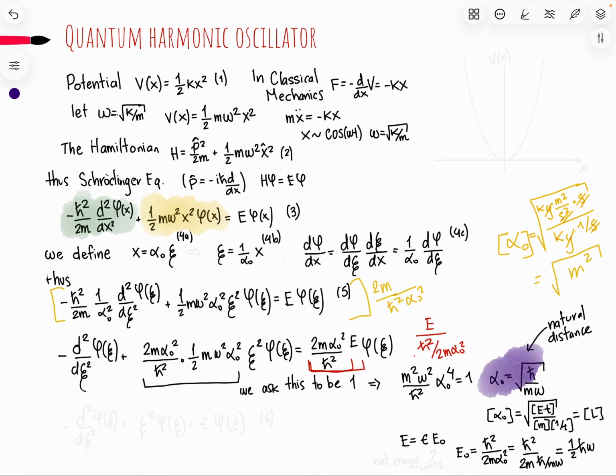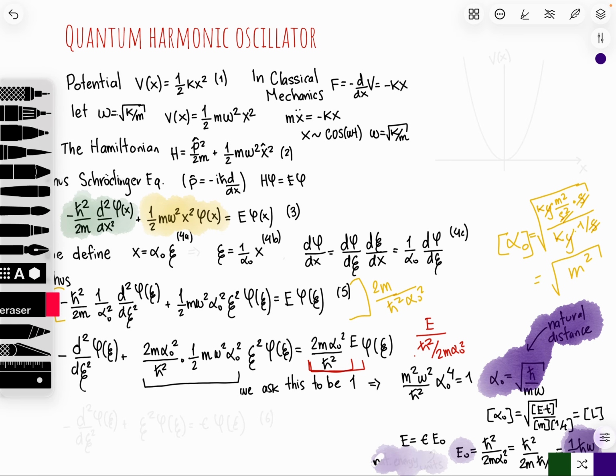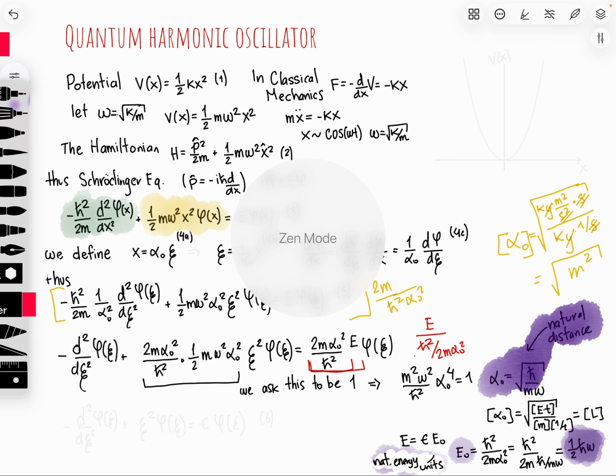So we have a natural distance. It's the distance that comes natural for this particular problem, but we also find natural energies or natural units for energy given by 1/2 of h bar omega. This is here, right? So they are the natural energy units.